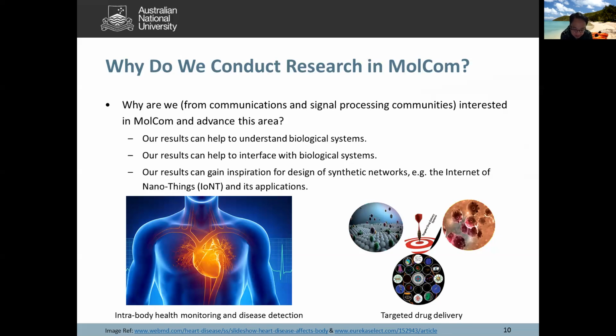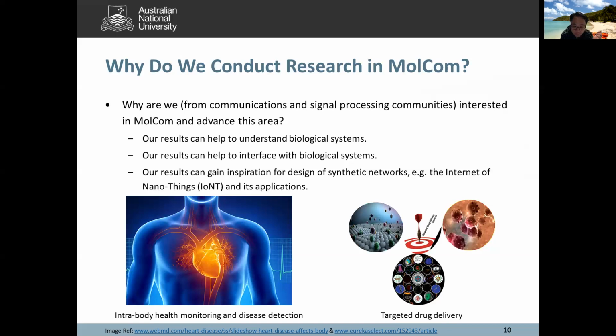Apart from these healthcare and medicine applications, molecular communication and the Internet of Nano Things can also help with other applications. For example, environmental monitoring: it can help to detect water quality and avoid pollution in the environment.